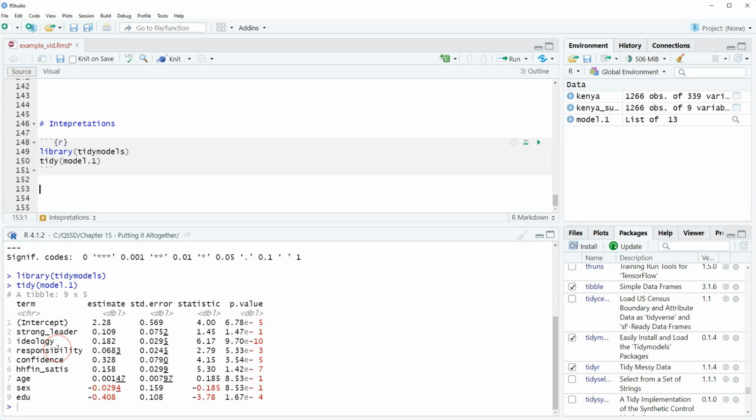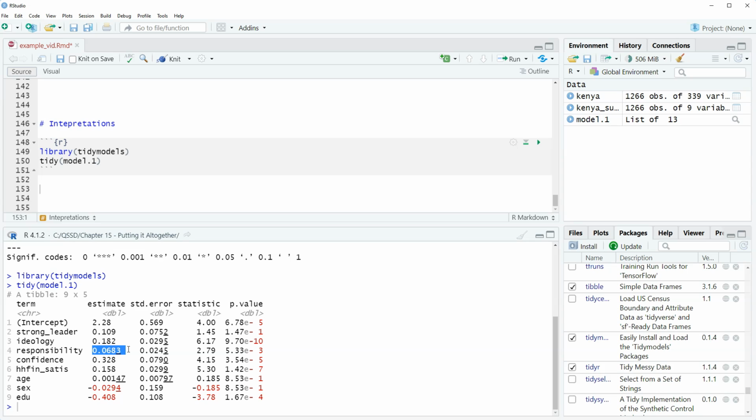Responsibility, we would interpret as for a 1 unit increase towards more of a belief in individual responsibility. This phrasing was kind of tricky, thinking of how to put it together. But all right, let me phrase it again: for a 1 unit increase towards a greater belief in individual responsibility, respondents' satisfaction with the current political system is expected to increase by 0.07 units.